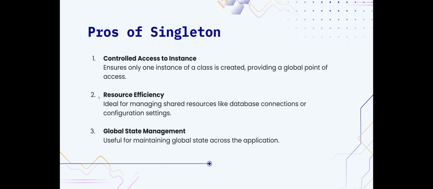Because you can only create one, it's very efficient in memory. Global state management is very good for maintenance. Let's say you have 100 resources that want to connect to the database, and they must use that singleton design pattern class. So you just need to modify the singleton design pattern and add the rules, then it is very easy to manage.